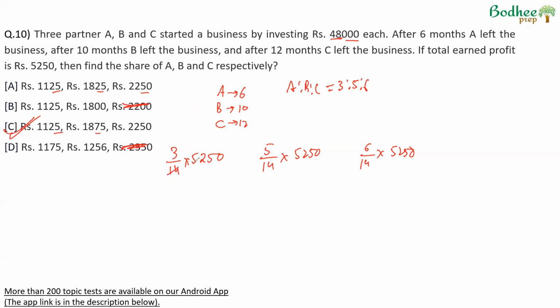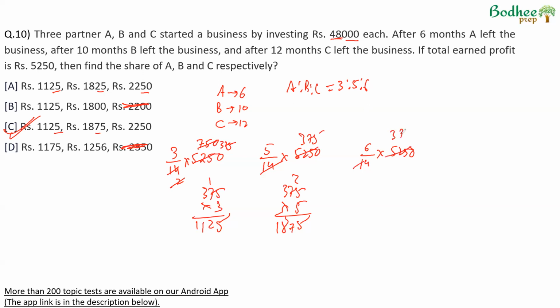If we solve, divide by 7. 7 sevens are 49, 3 5, 7 5 are 35. 0, 750 by 2 will be 375. 375 into 3 will be 1125. This will be 375. 375 into 5 will be 1875.